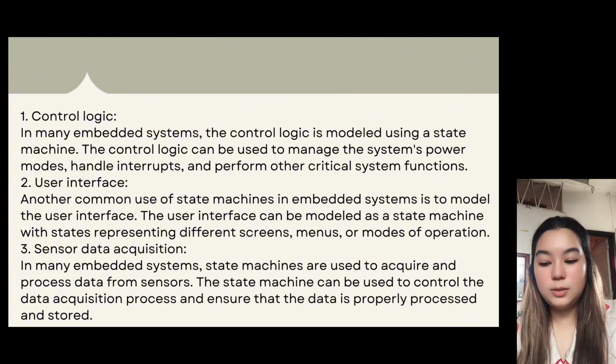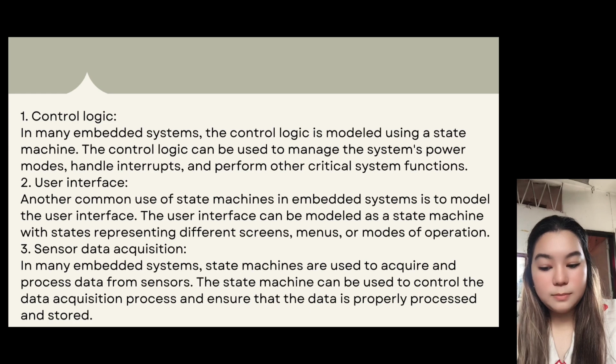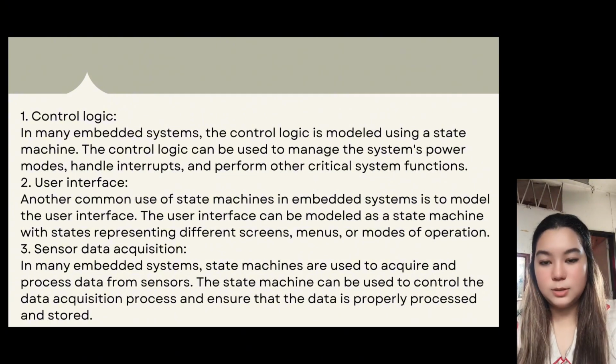Number one, control logic. In many embedded systems, the control logic is modeled using a state machine. The control logic can be used to manage the system's power modes, handle interrupts, and perform other critical system functions.